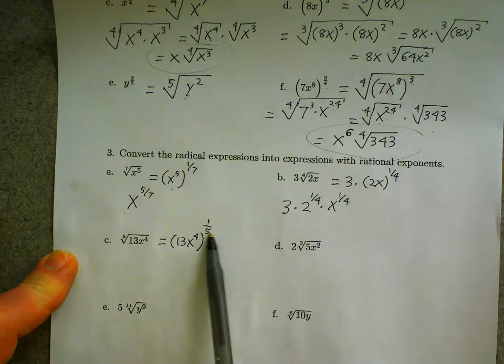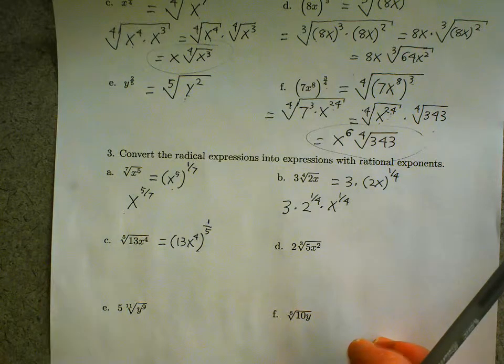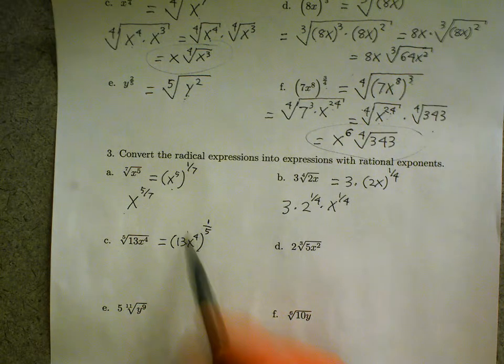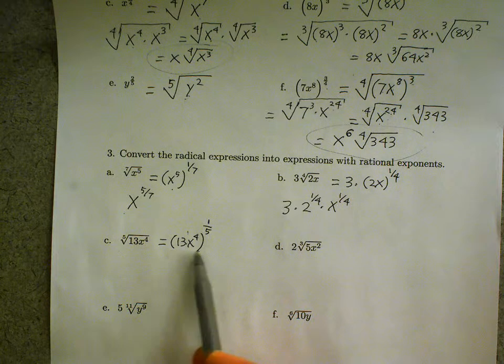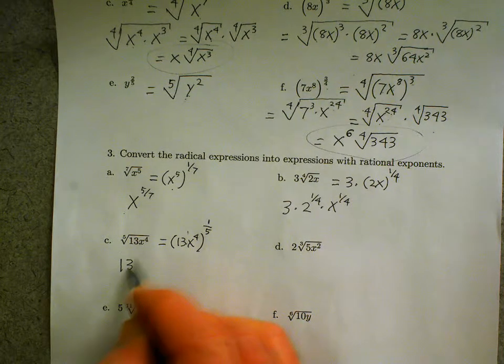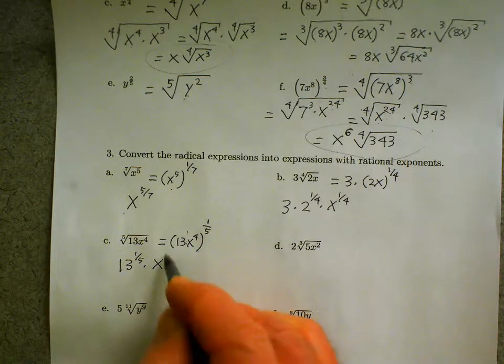The denominator of the exponent 5 is the same as the index of the radical. And then take it one step further, 13 to the 1st times x to the fourth all raised to the 1/5. We can write this as 13 to the 1/5 times x to the 4/5.